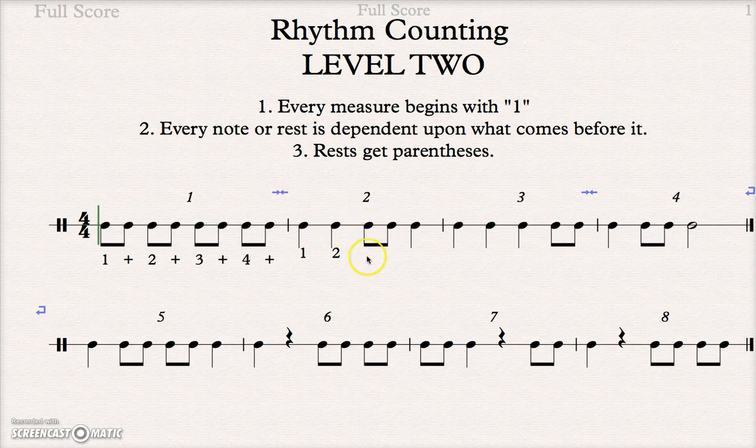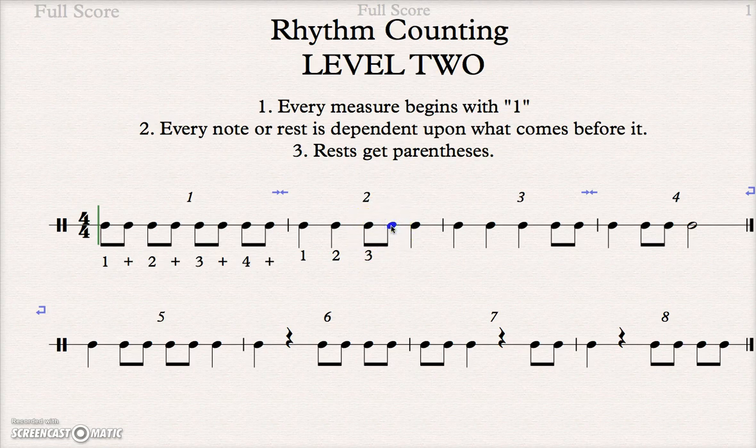So this will be beat 3, no matter what it is. If it's an eighth note, a quarter note, a half note, it would be beat 3 because that quarter note takes up all of beat 2. Now, an eighth note gets half of the beat. So we are not done with beat 3 with this note alone.